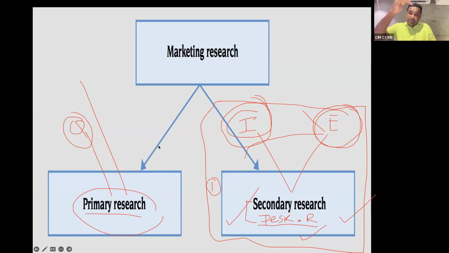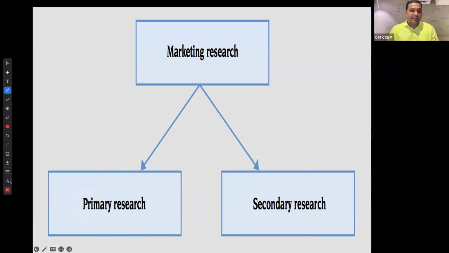You then need to commission a research. That's where you might even hire a research company, construct a questionnaire, gather data from a large sample of customers, statistically analyze it, and present it for management decision making. I hope it's clear. The two forms of research, primary research and secondary research.